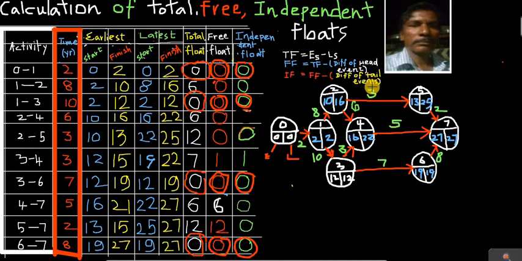For this we have to apply the formula, but before that we need these four columns actually. Now look at the picture here. The earliest time of the events. This is called earliest start time, and this is called latest.